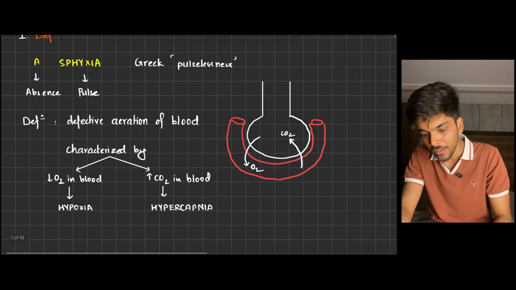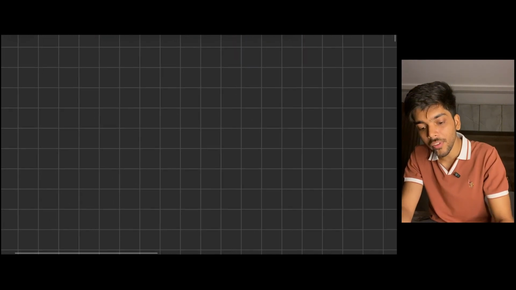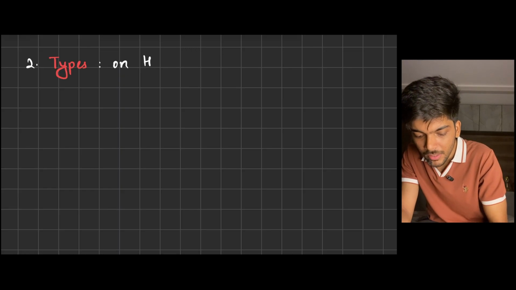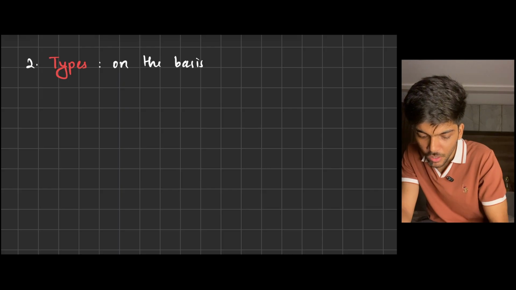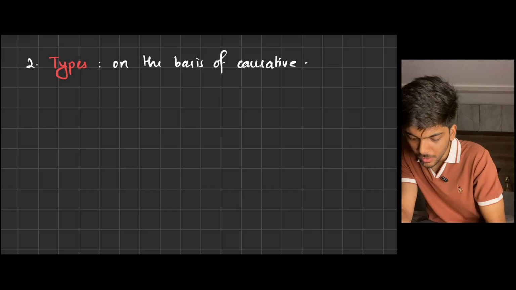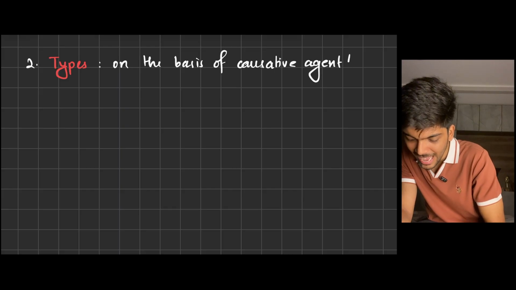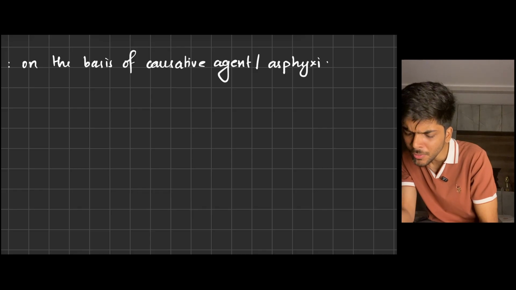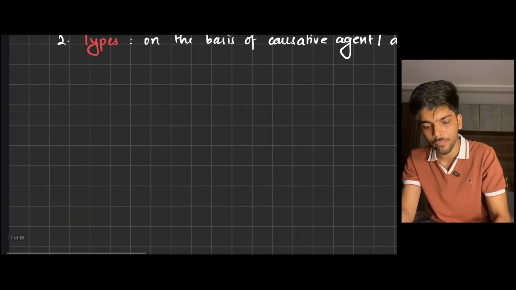Done. Number two, what are the various types of asphyxia? Now, the various types are on the basis of causative agent, which is also referred to as asphyxiant. On the basis of what causes asphyxia, you have the various types of asphyxia.